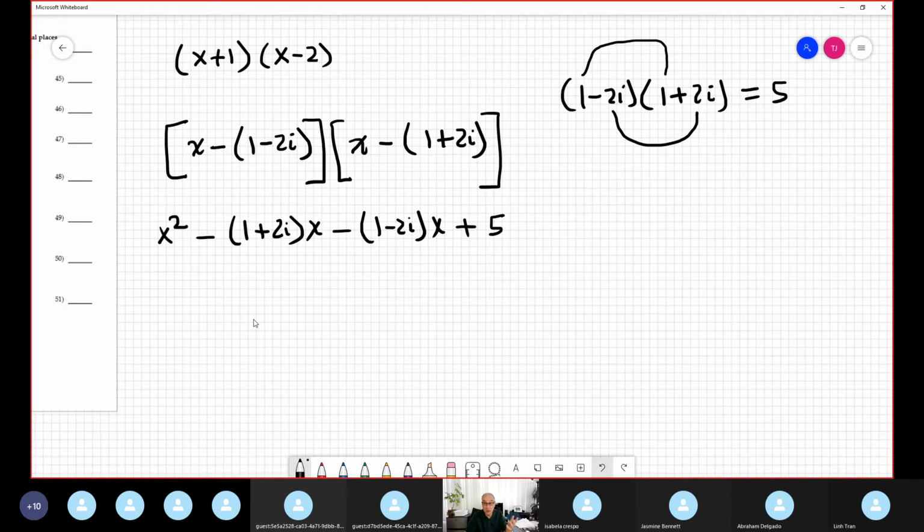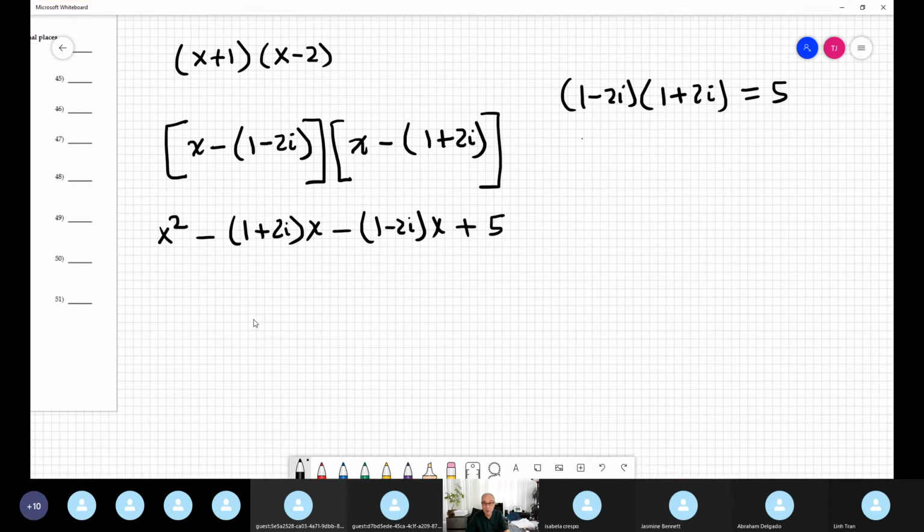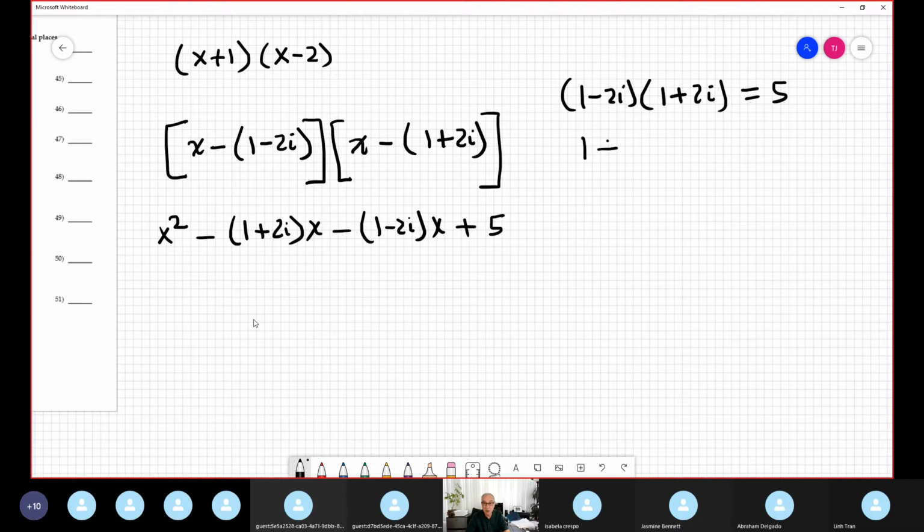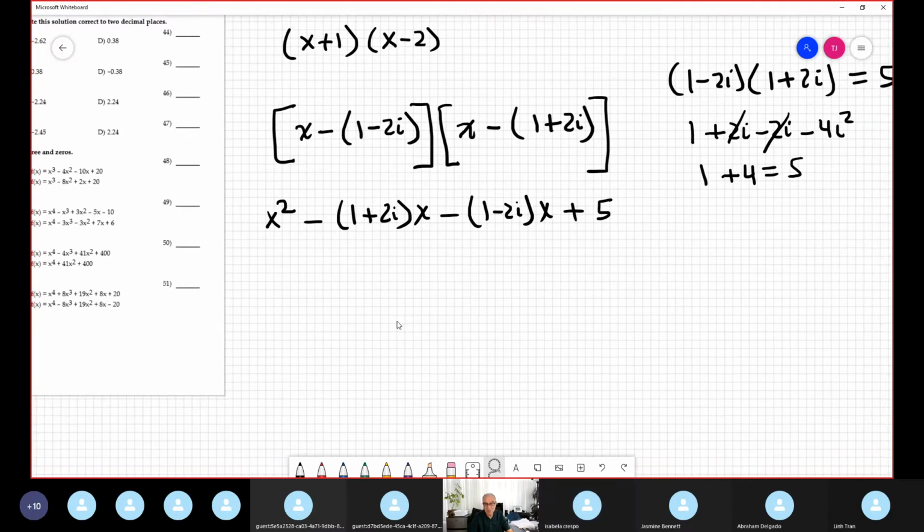Then you do it like a kindergarten guy, that is FOIL. 1 times 1 is 1, 1 times 2i is 2i, negative 2i times 1 is minus 2i, and negative 4i squared. It cancels as always, 1, and I know that i squared is negative 1, so this is plus 4. It's 5. Is it easy or hard? So my recommendation is to do it by the shortcut.